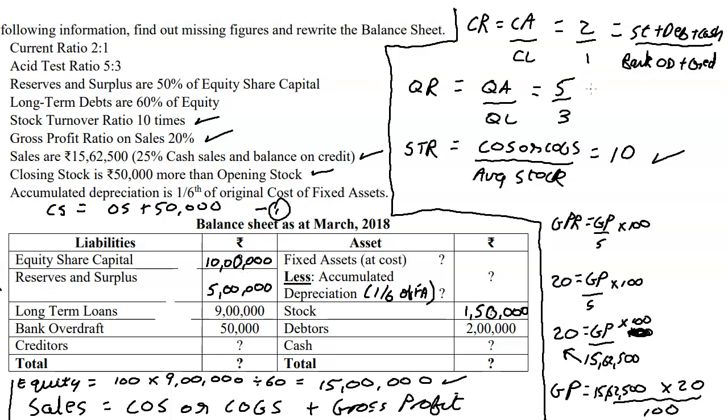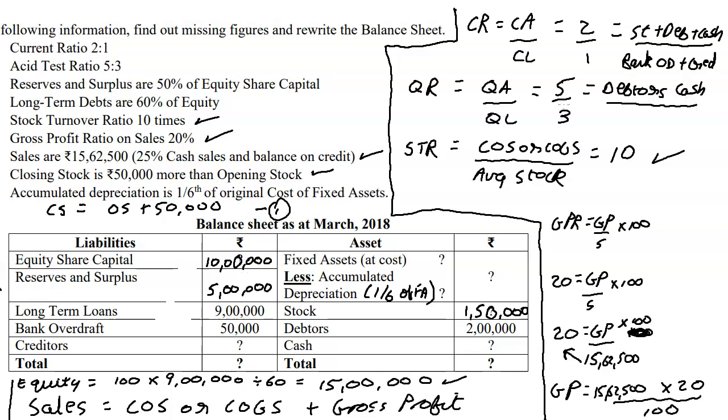For quick assets, you need to remember that stock is a non-quick asset. Similarly, bank overdraft is a non-quick liability, so they are not counted. So in quick assets, we only now have debtors and cash.